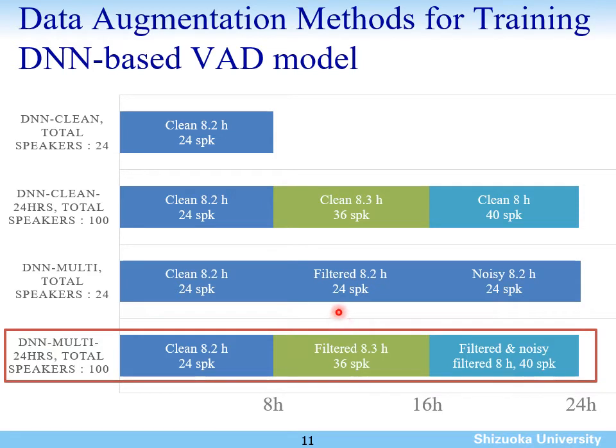We divide them in two sections of similar length and apply filter on them. Finally, we add filtered noise to one of the sections only. This produces an augmented dataset of 24 hours in length, but the number of speakers grows from 24 to 100, meaning increasing type of environment and number of speakers. That's all for data augmentation techniques.